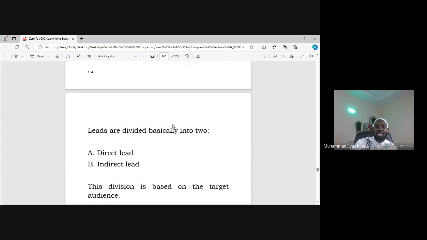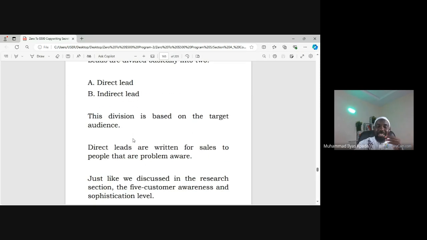I'll explain this later. Now, if you understand from the above, you know that the lead is divided into 2: the direct lead and the indirect, right? And this division is based on the audience sophistication level and awareness that we discussed in the last class.